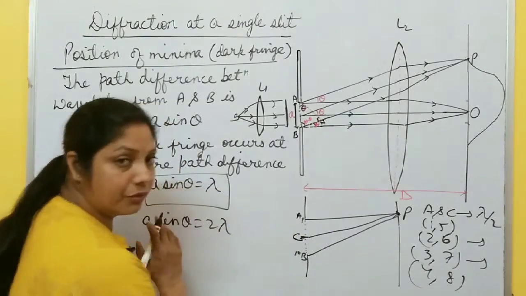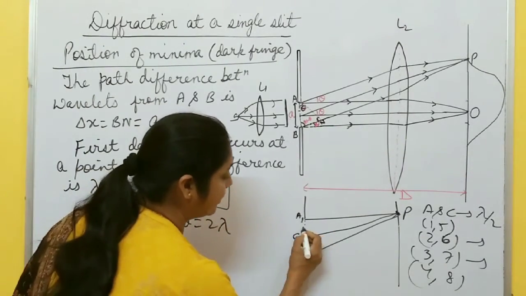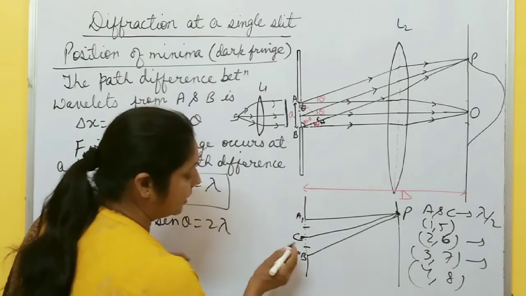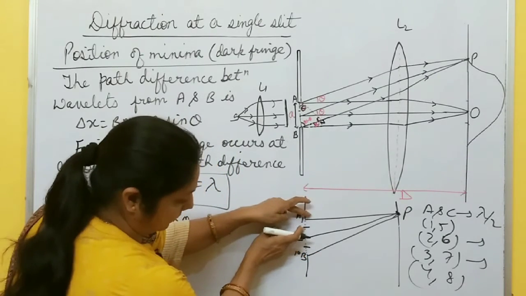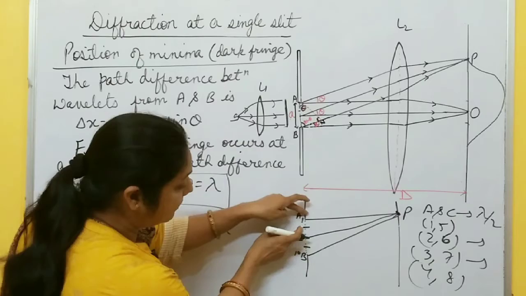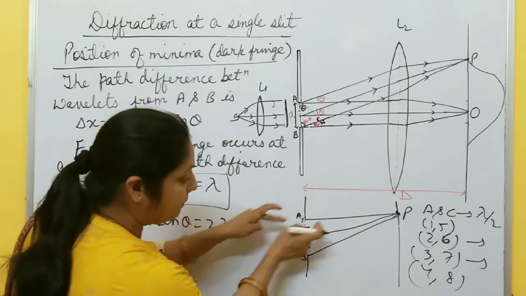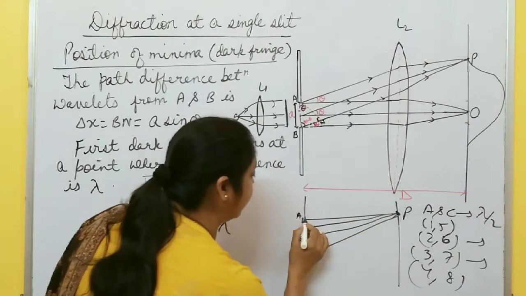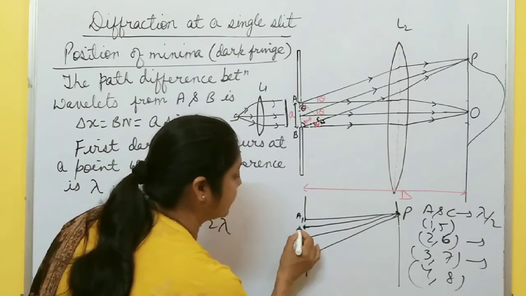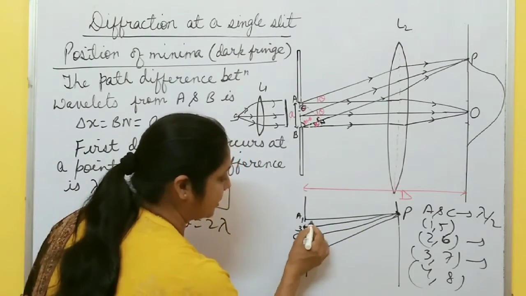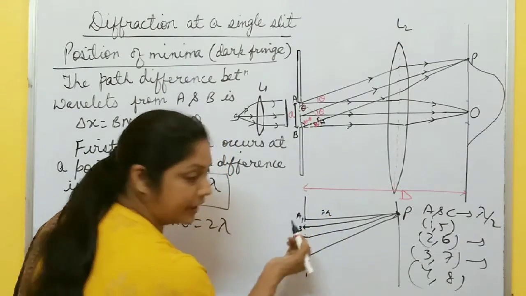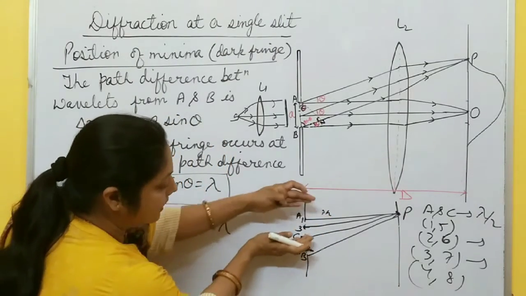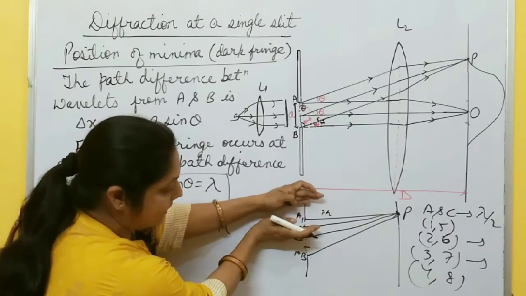Suppose the 1st and 3rd parts have path difference lambda by 2, then 2nd and 4th also, so the first 2 parts cancel each other.